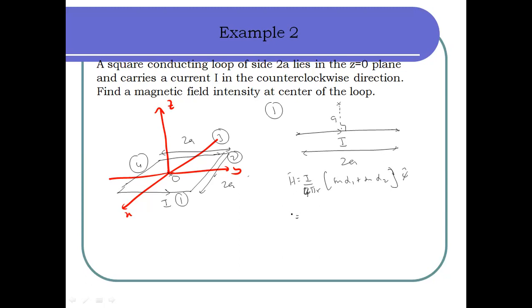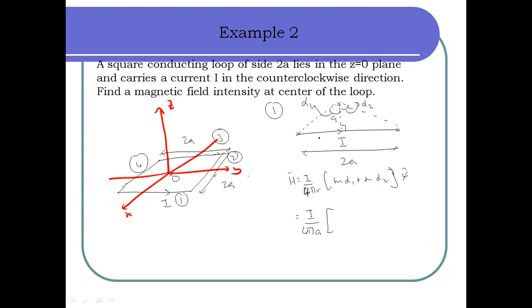We just have the symbol I only, there's no value for I. So we have I over 4 pi A, where R is A because A is the perpendicular radial distance from the filament to the point of interest. That should be our alpha 1, and that should be our alpha 2.